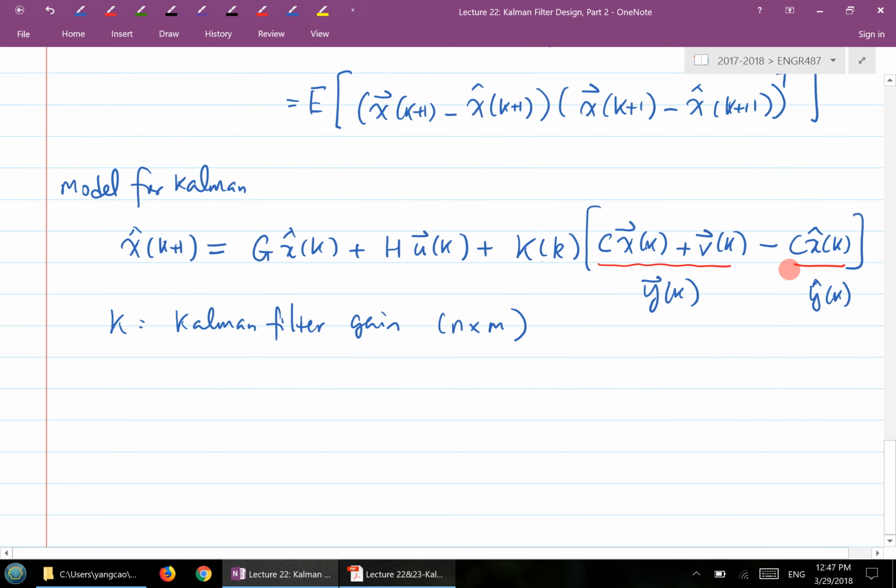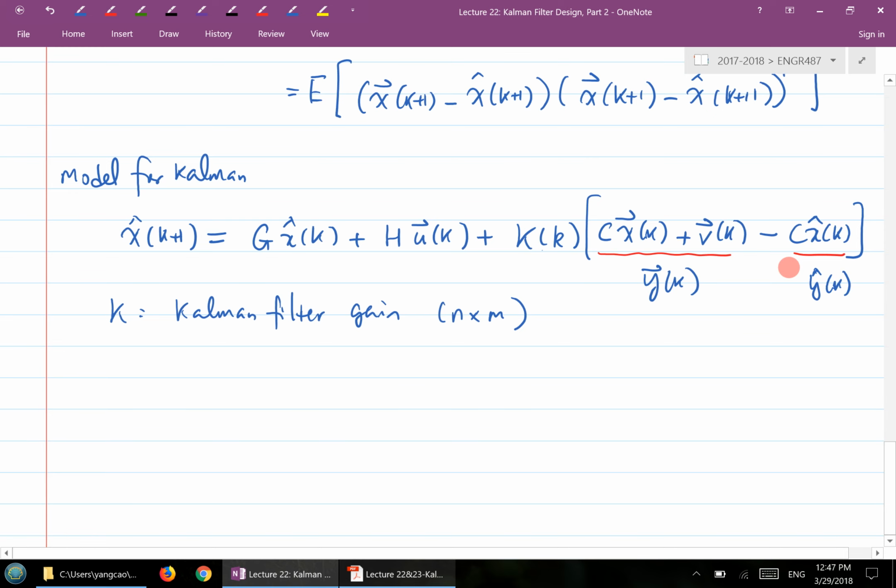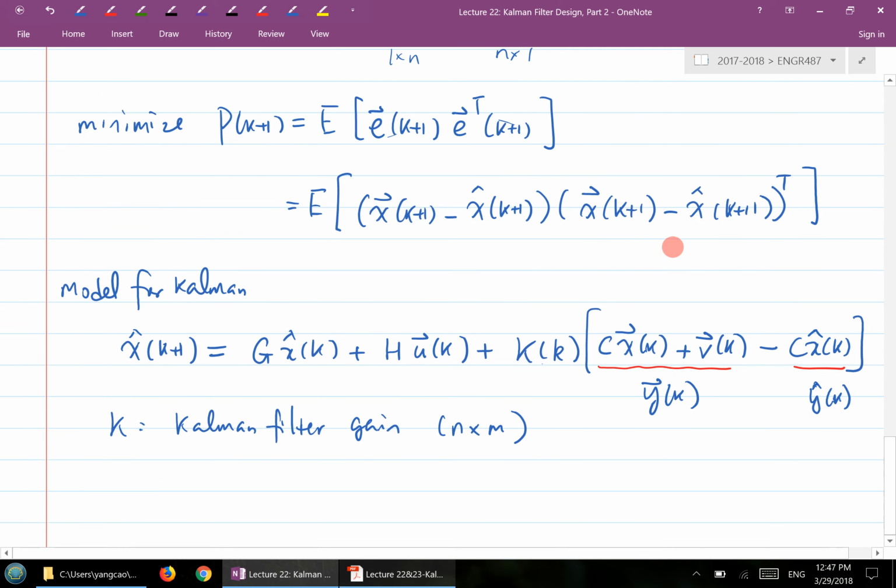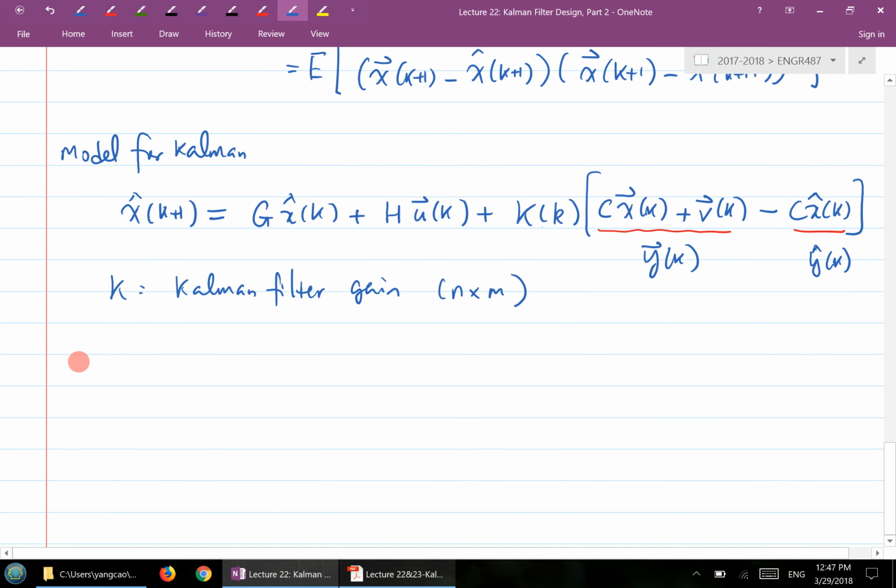So let's take a look at how I can get this K here. We're going to get back to this minimization problem. I have my original X, which is from the system, and I have the X hat now from this Kalman model. So all I need to do is write down the expression for X of k plus 1 minus X hat of k plus 1.